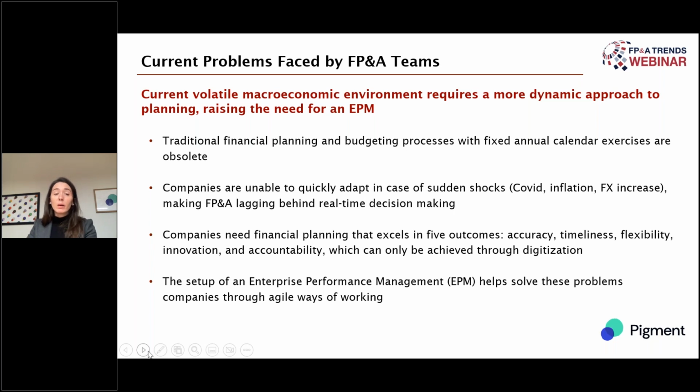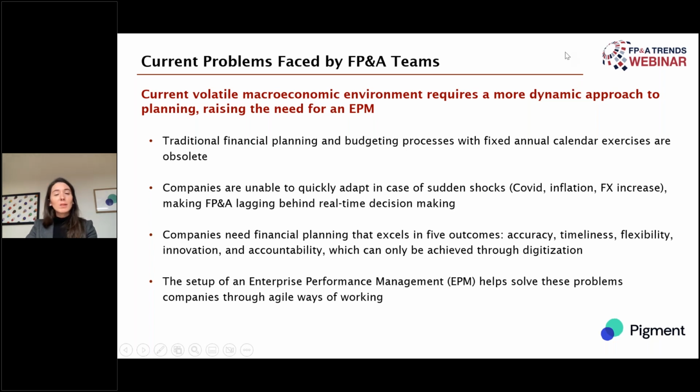Second, when market conditions change midway through the annual calendar exercise, finance teams may fail to adapt quickly and integrate the new parameters into their models or budgets. And failing to do that, of course, means failing to reach your target and to explain the gap to your target.